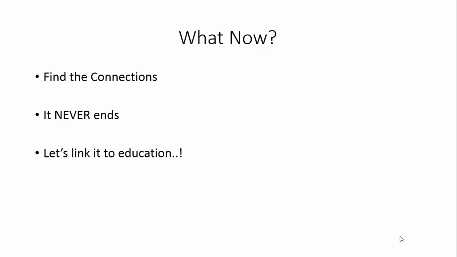So what now? Now, my goal is to find the connections. Now it's working on to the final white paper, and so for me, there's all of this information that comes in, and that was my struggle between update 2 and 3, that there's so much information on digital literacy. Where do I go with it? What do I do?